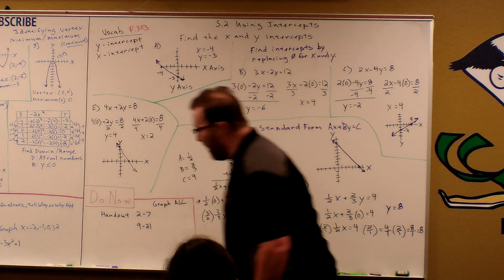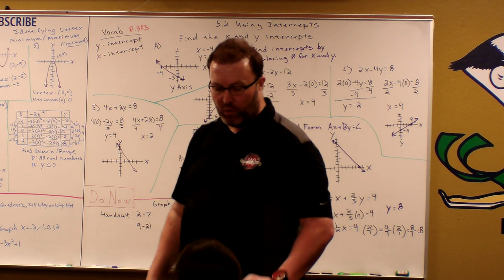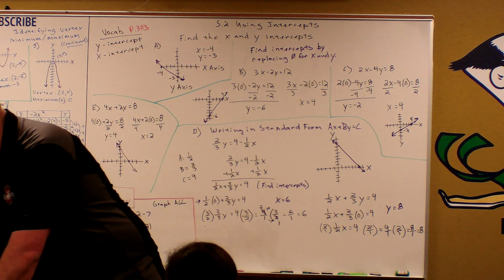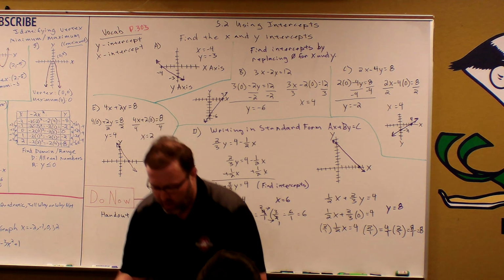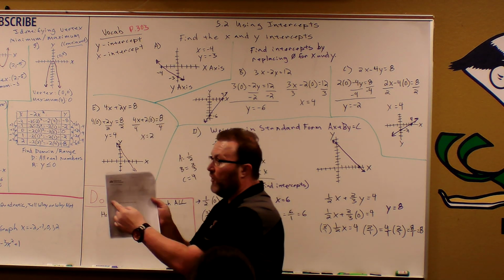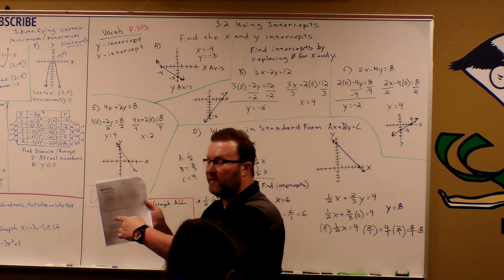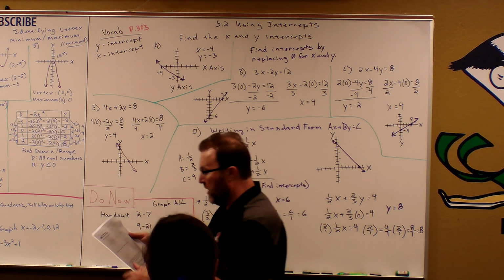Okay. Now, let's look at the worksheet first, and then we're going to talk about the do now. Okay. The worksheet. All this wants to know is what the x and y's are. So you're going to go on the graph and look at those points, and you're going to write what the x-intercept is and what the y-intercept is. Okay?